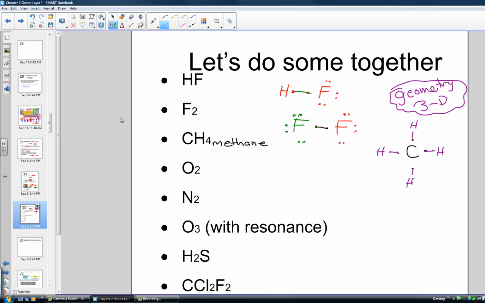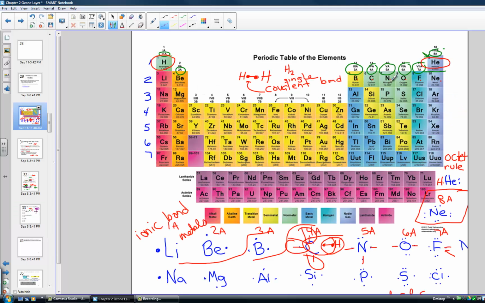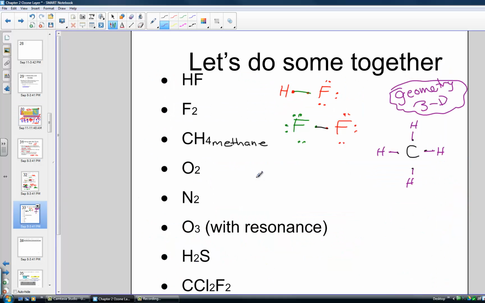Let's talk about oxygen. We know oxygen, who lives in group 6A, is a major character in our chapter on ozone, isn't it? Oxygen with 6 valence electrons. So if we look at oxygen, 1, 2, 3, 4, and I'll just put 5, 6. I see it's going to be connected to another oxygen, 1, 2, 3, 4, 5, 6.